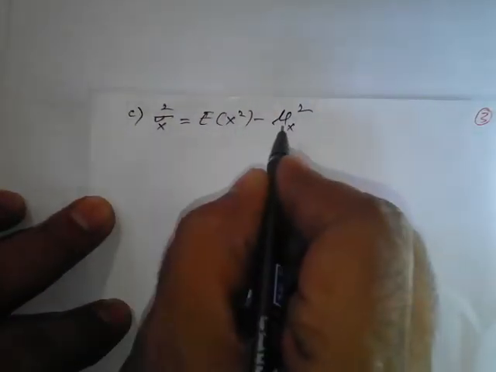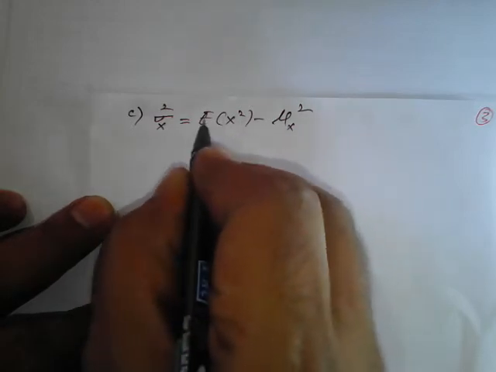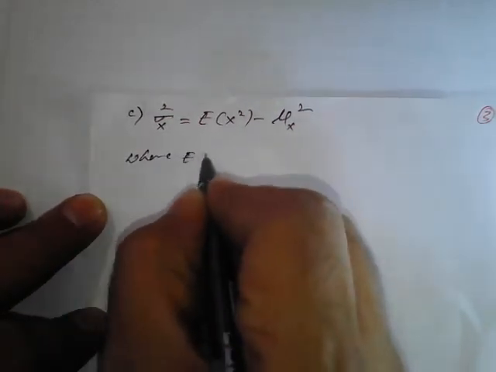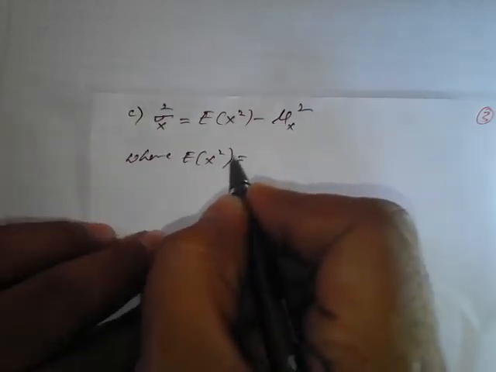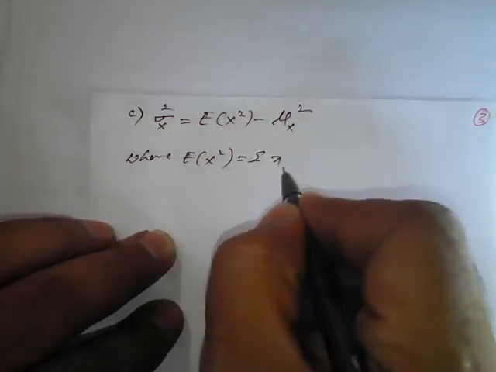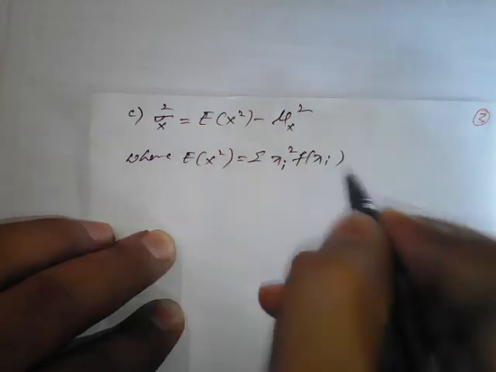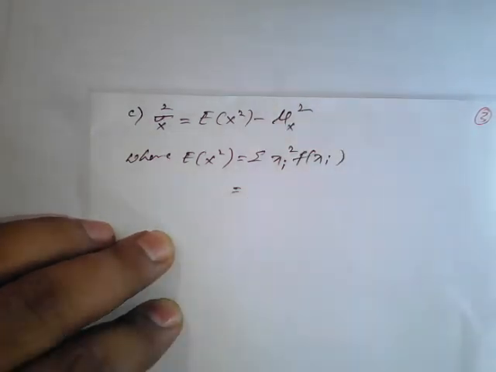We know the mu of x value, we need to find expectation of x square, where expectation of x square is nothing but summation of xi square of f of xi.